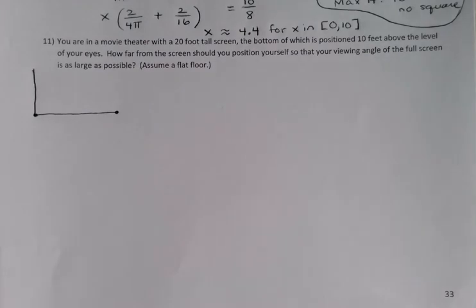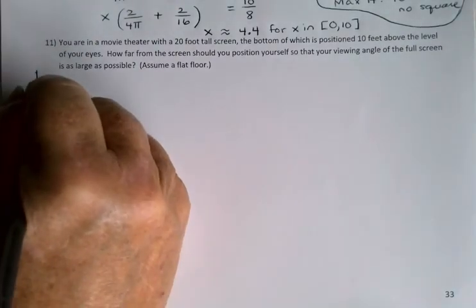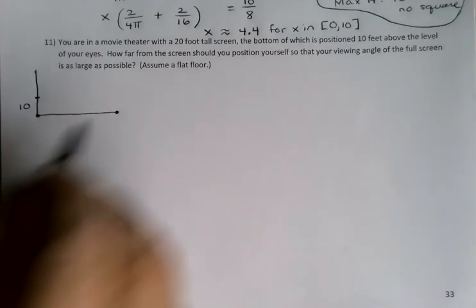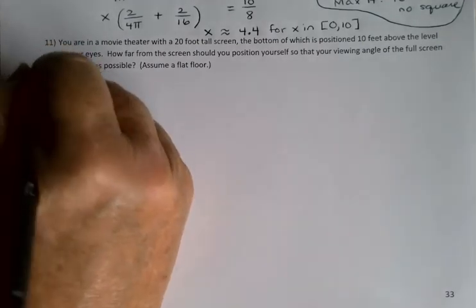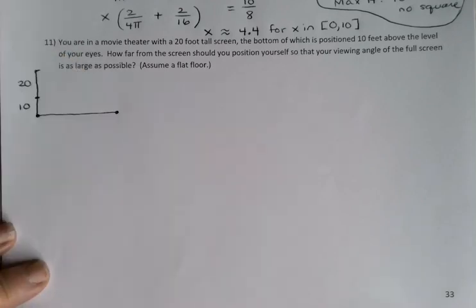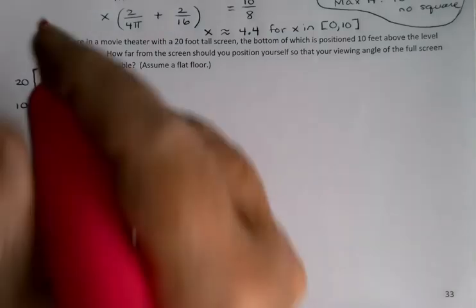I know that's a little silly, but for the purposes of this problem, that's what we're going to do. So, bottom of the screen is here 10 feet above eye level, and then it's a 20-foot screen. So this distance here for the screen would be 20. And this is our actual movie screen right here.